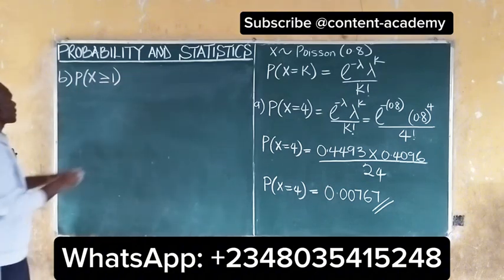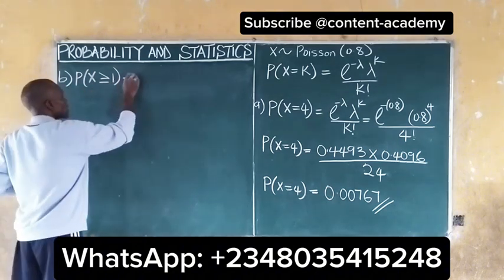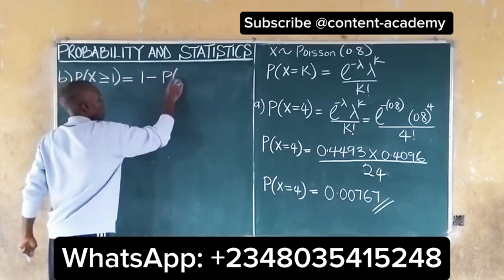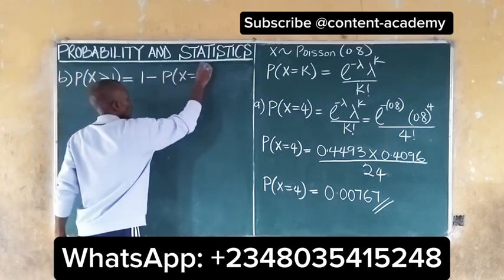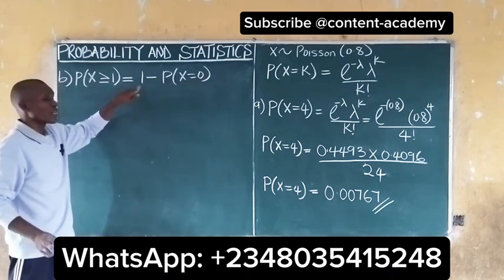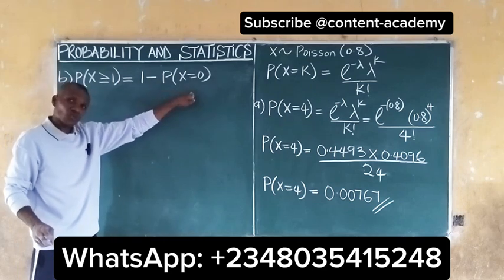So the probability that X is greater than or equal to 1 is equal to 1 minus the probability that X is equal to 0. So we'll first look for this, and whatever we get, we'll say 1 minus what we get.